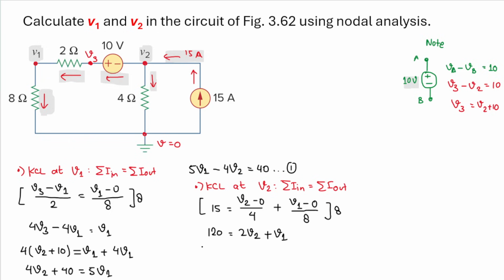Let's rearrange this: V1 plus 2V2 equals 120. Let's save this as equation number 2. So now we have two equations with two variables. We should be able to solve it, and the fastest way is by using a calculator.